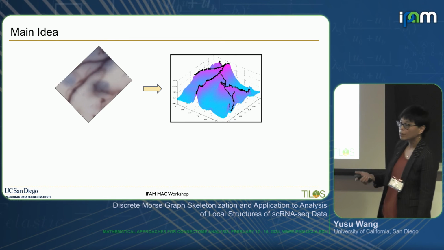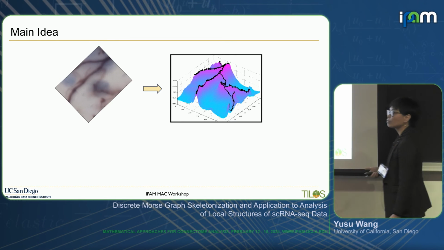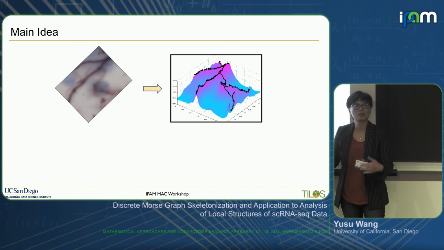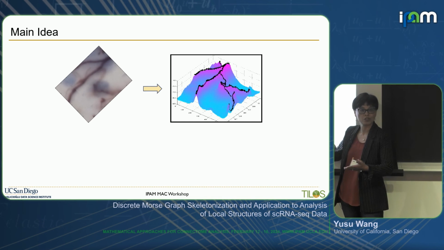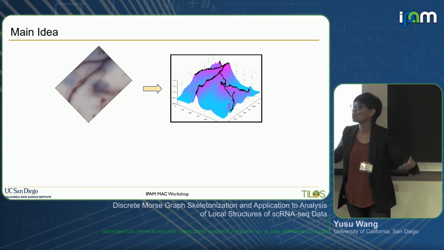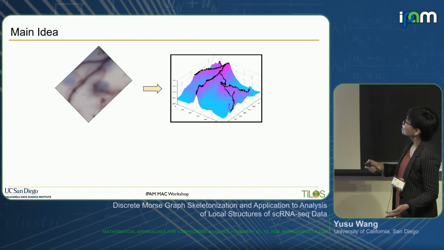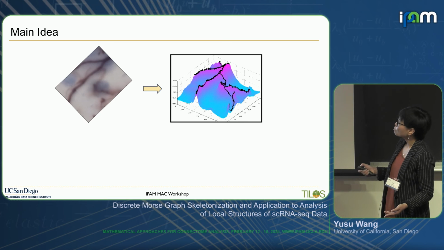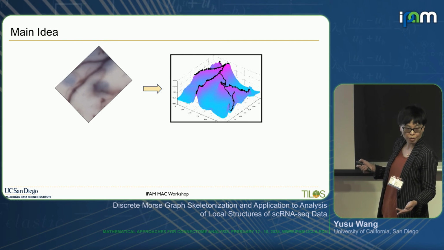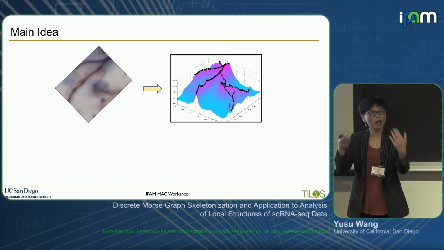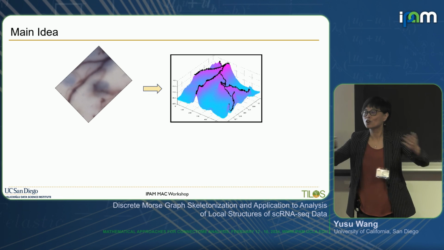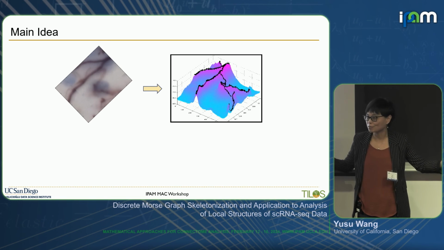So what's the idea? The idea is very simple. When I look at the graph of this function, I can view this as a terrain. Here's a two-dimensional terrain in high-dimensional space. And we are interested in the skeletons, and you can capture that by capturing the mountain ridges of this terrain, because a mountain ridge is a place where locally you're higher in function value compared to when you go off these ridges.